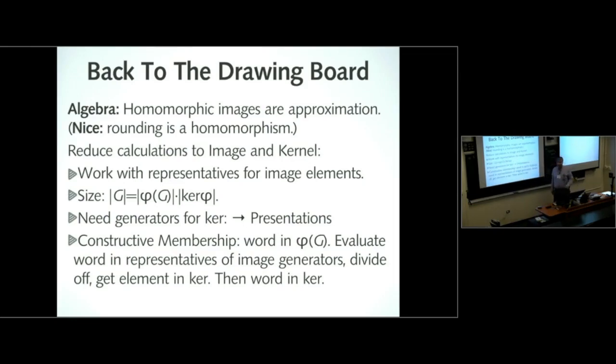We will need generators for the kernel, and we'll get to that in a little moment in a topic called presentations. Constructive membership in the group would be constructive membership in the image: express the image of the element in images of the generators, divide that off, which gives us an element which is trivial in the image, and then do membership in the kernel. So that's the idea I want to use.